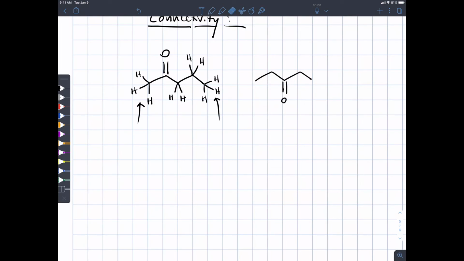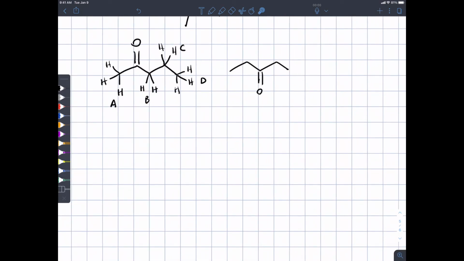So we might call these protons A, B, C, and D. The CH2 group B is different from the CH2 group C because these are closer to the ketone. So I would expect to see 1, 2, 3, 4 different kinds of hydrogens in that molecule, and there would be 3 of A and 3 of D and 2 of B and 2 of C.